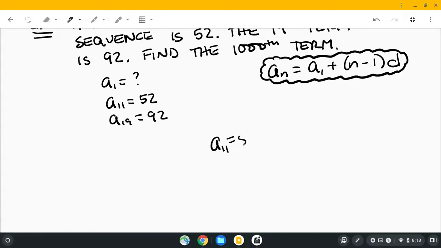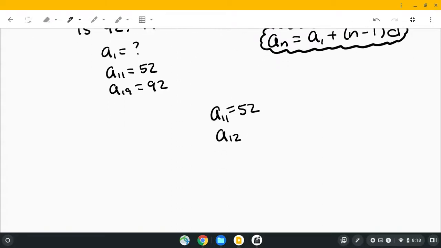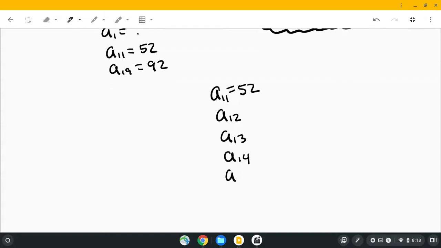A11 is 52, and then we would add D to this, and we would get A12. Then we add D again and get A13, then A14, then A15, and we keep adding D until we get to the 19th term, which is 92.